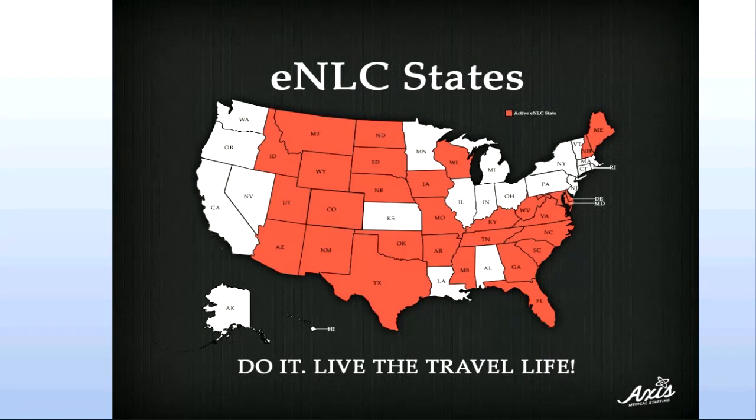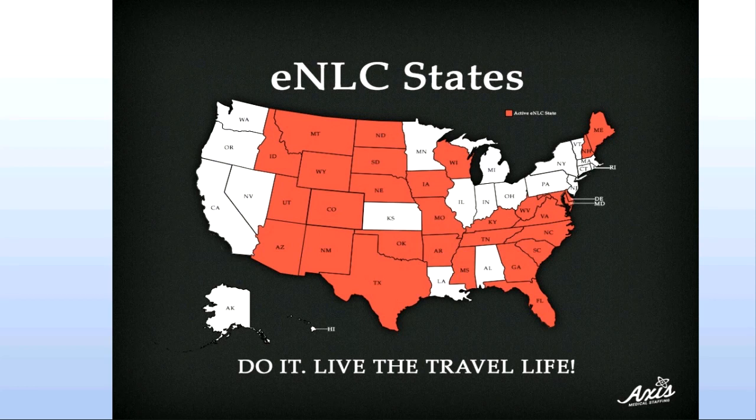This is a map of the United States, and it shows where the compact states are. Compact states, we'll talk about that too, is where, like if you're licensed in Kentucky, you can also work in Tennessee with that same Kentucky license. Now that's something that's changed since I've been a nurse. When I first got out, I went to work in Tennessee.